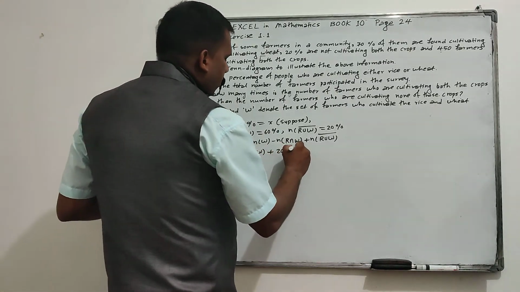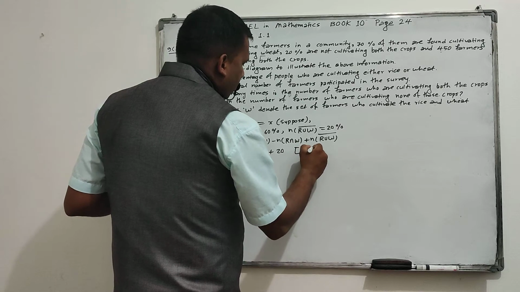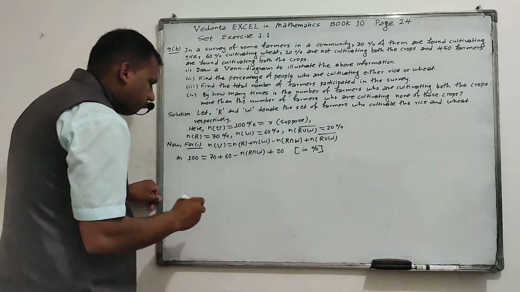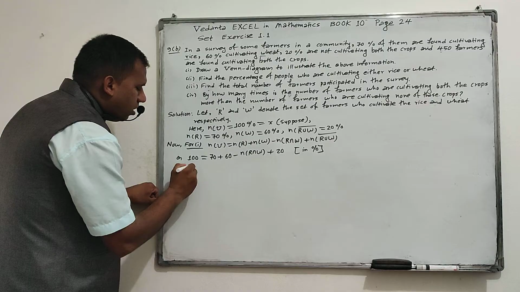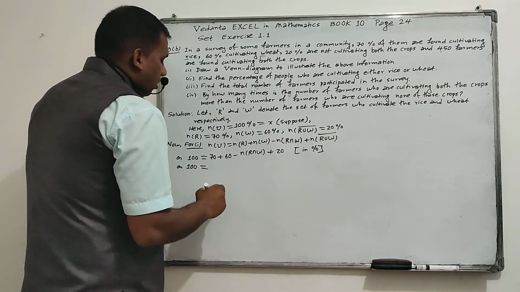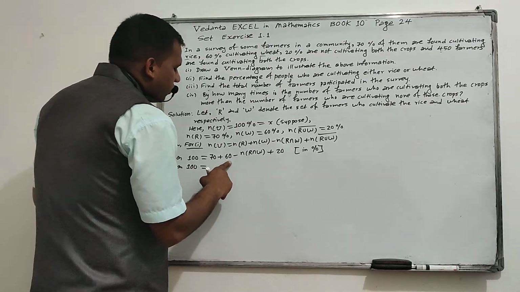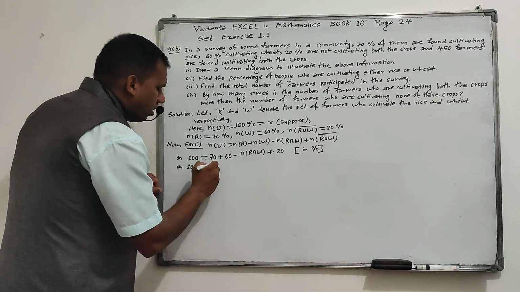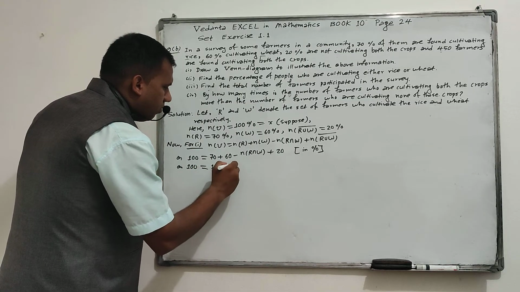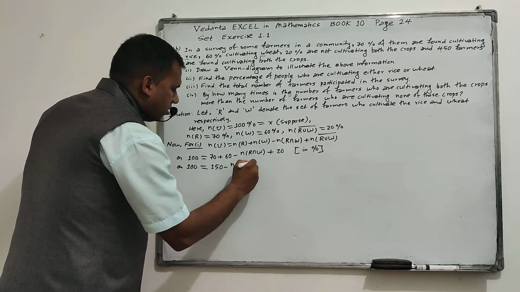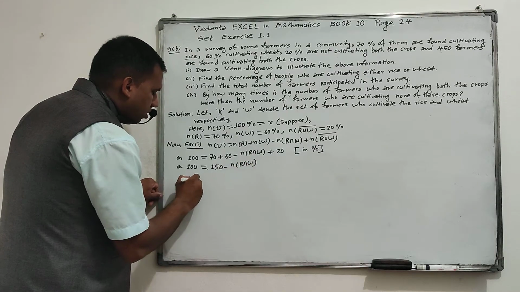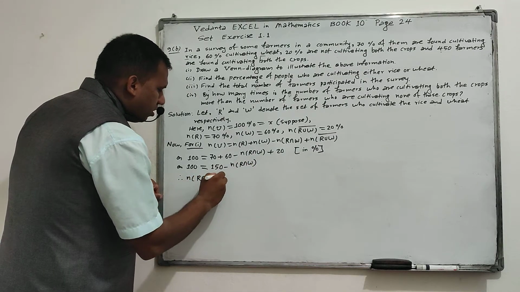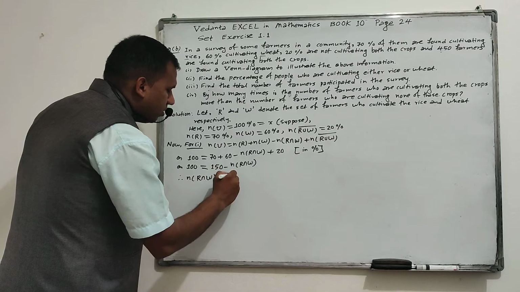This is all data in percentage, so mention in percent. 70 plus 60, 130 plus 20, 150 minus number of R intersection W. Therefore, number of R intersection W equal to 50%.